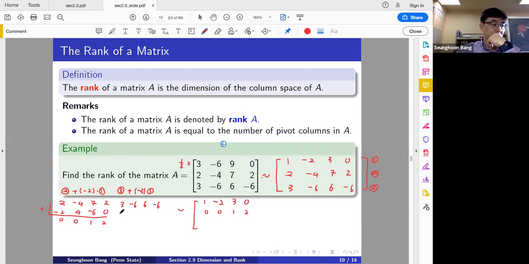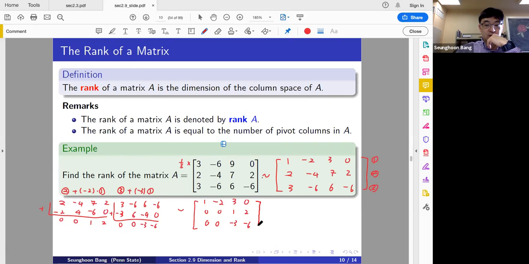The -3 times the first row: -3 times 1 is -3, -3 times -2 is +6, -3 times 3 is -9, -3 times 0 is 0. And add: we have 0, 0, -3, -6.